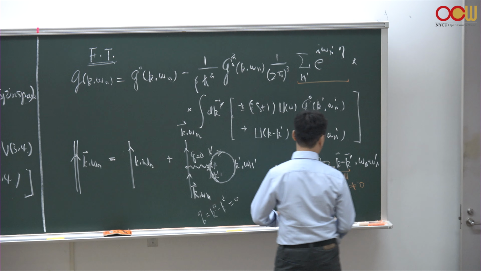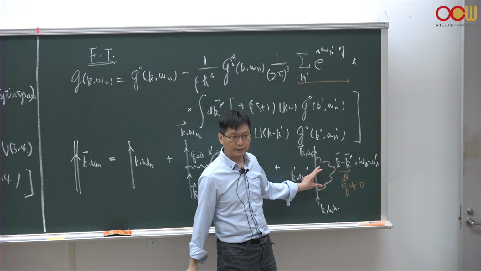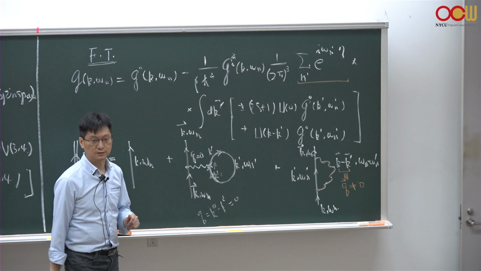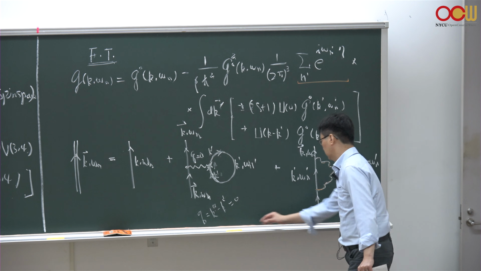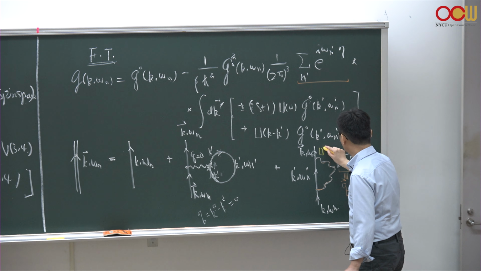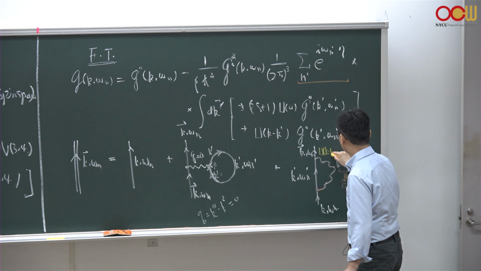As a result, there is a Matsubara frequency carried by this wavy line, which is omega n minus omega n prime.